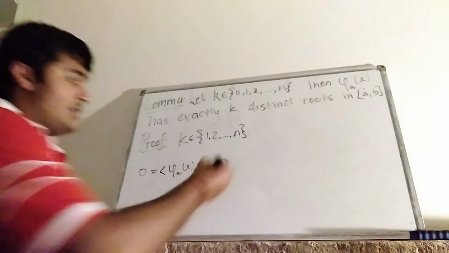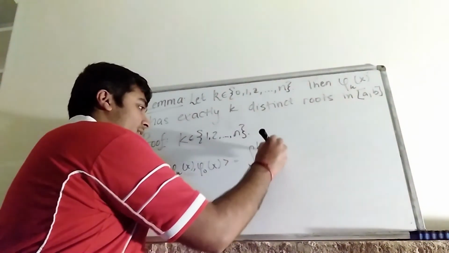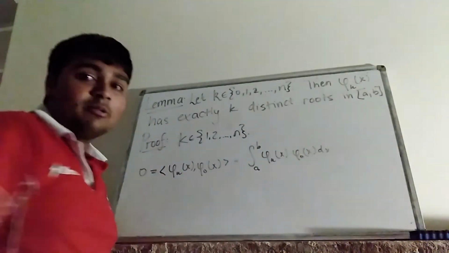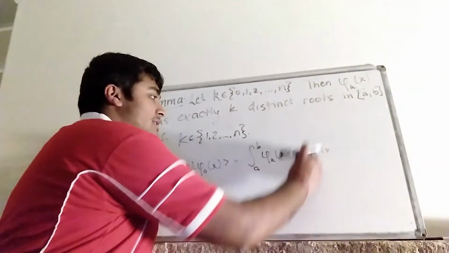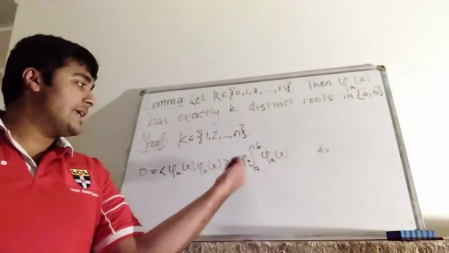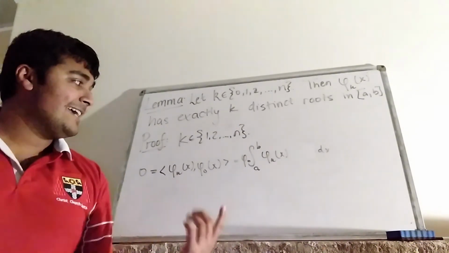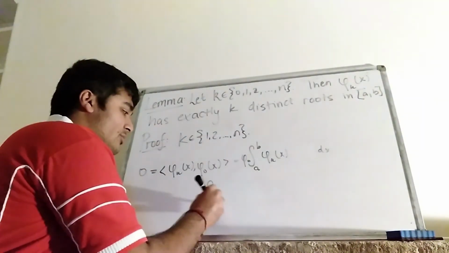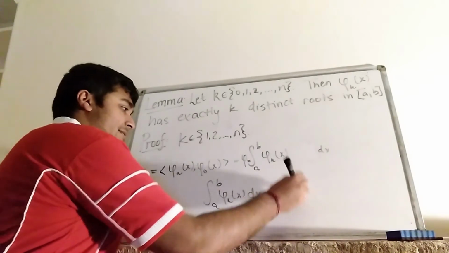But if we write down the definition of this thing here, it's the integral from a to b of phi k of x times phi naught of x dx. But remember phi naught is just a constant function, so I can bring it outside to the front of the integral. So you get 0 is equal to phi naught times the integral from a to b of phi k of x dx. But remember phi naught is non-zero, so I can divide through by it, so I can conclude that the integral from a to b of phi k of x dx is 0.